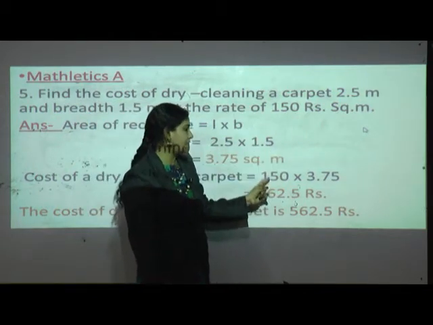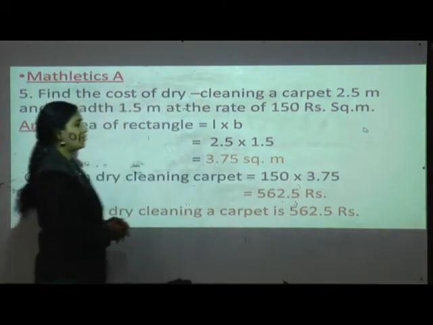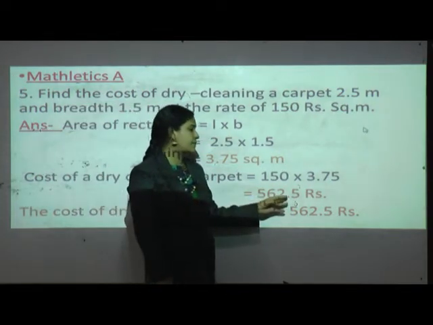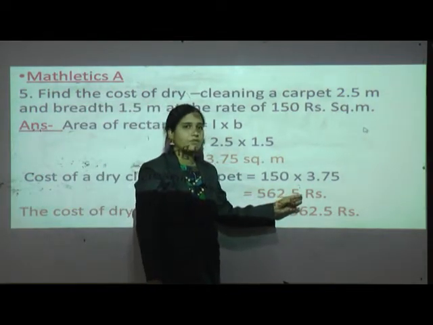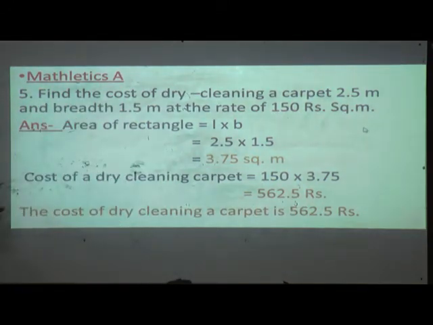That means multiply 150 and 3.75. After multiplication you will get the answer 562 rupees 50 paise. Okay, so the last answer, the cost of dry cleaning a carpet is 562.5 rupees. Now we'll see next one.